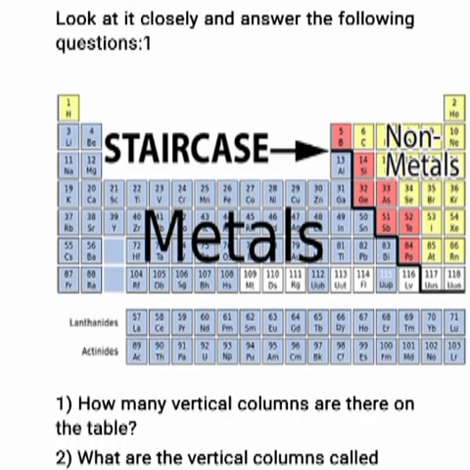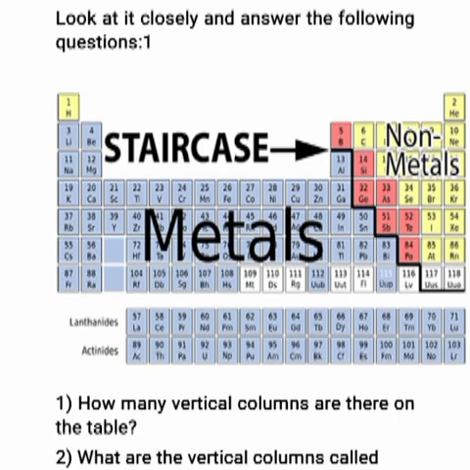So we can count 8 main vertical columns: 2 columns on the left-hand side of the word staircase, and then 6 on the right side of that word staircase.